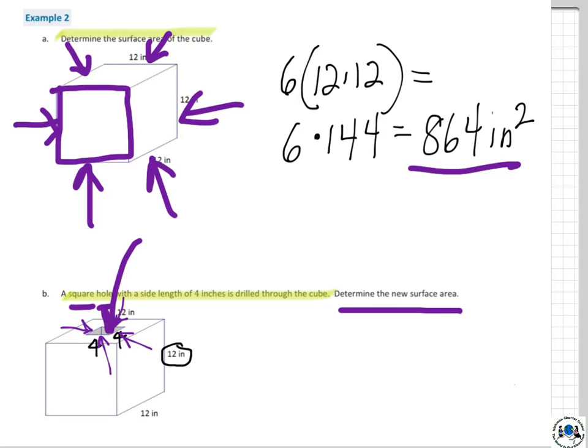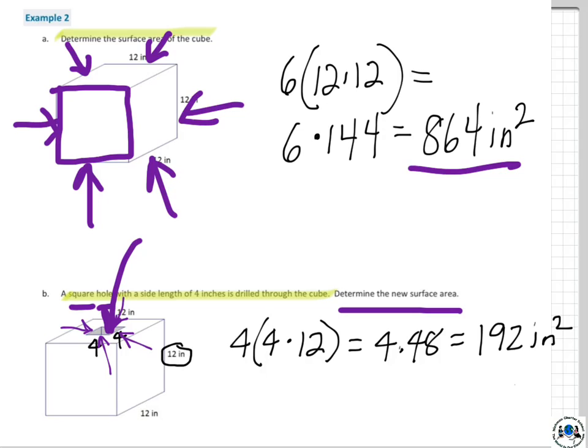These walls are down in there, and there are 4 walls. 4 walls are going to be created, and they're all going to have the same dimensions, because we are drilling or jigsawing a square hole. So we have 4 by 12 walls that are going to be created inside of this cube.